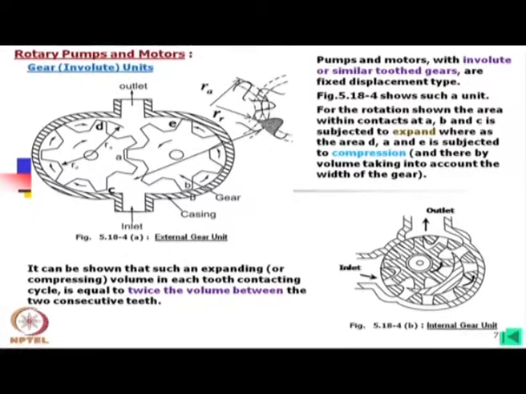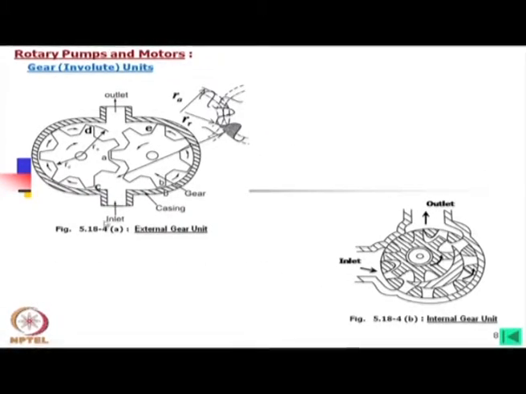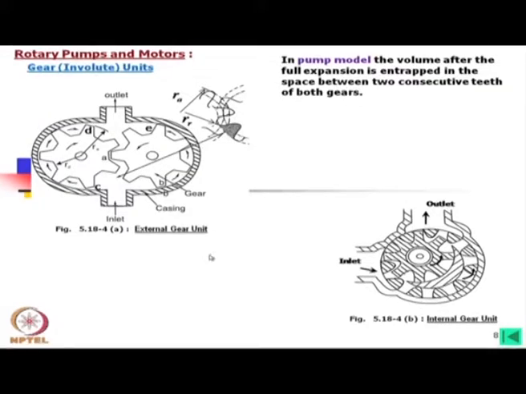So, if we can calculate this volume, then we can calculate the swept volume, or the delivery of such a gear pump. I have explained that this is entrapped and going outside.